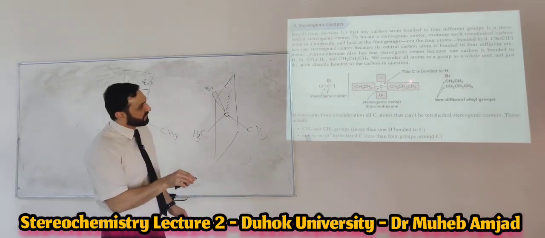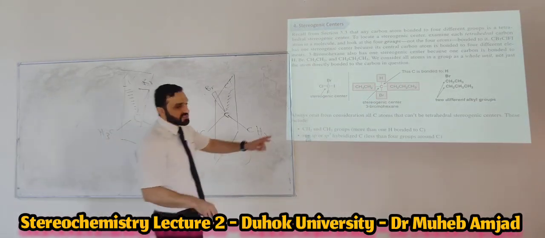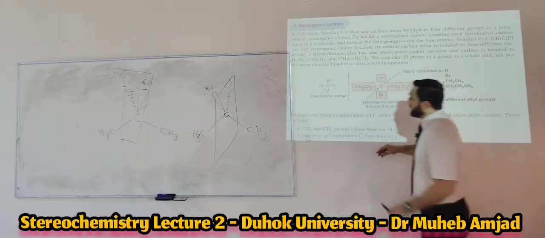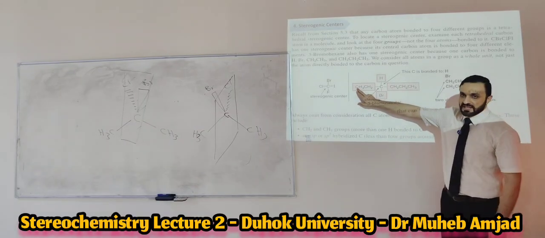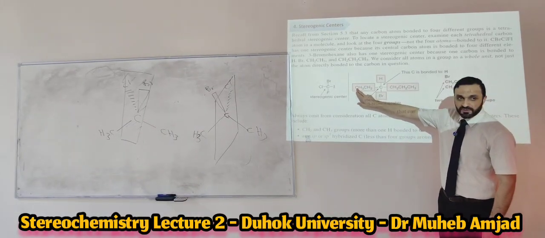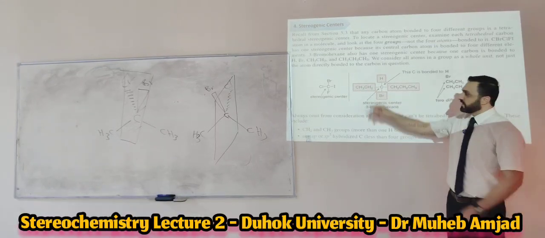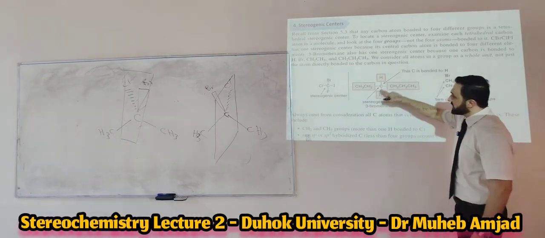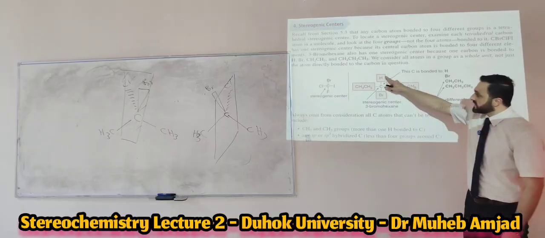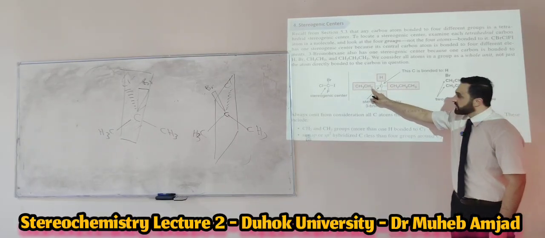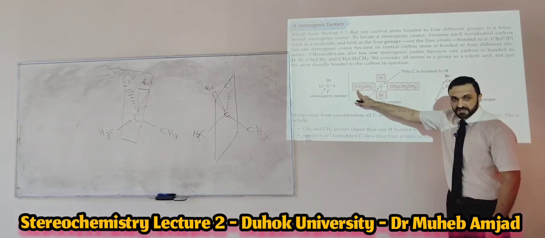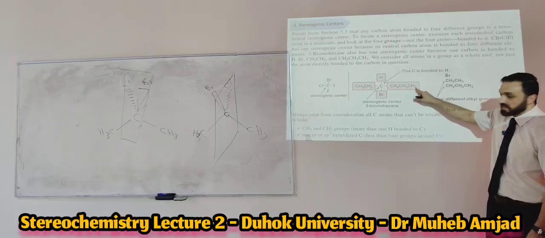3-bromohexane also has a stereogenic center. Look, here, this carbon is sp3, but not 4 different groups. This carbon is sp3, but also not 4 different groups. This carbon is sp3, and this one has 4 different groups. This group is CH2CH3, and this group is CH2CH2CH3.